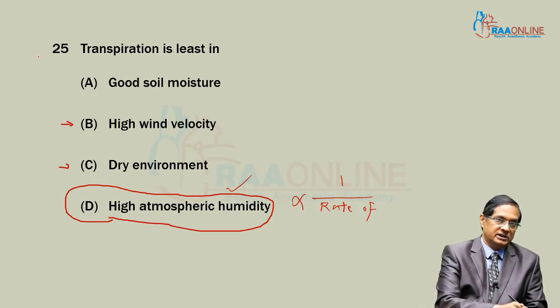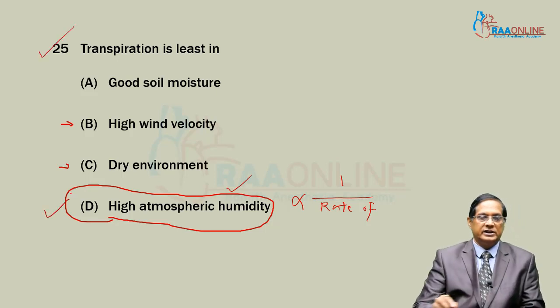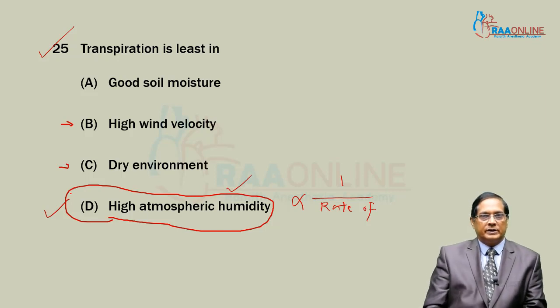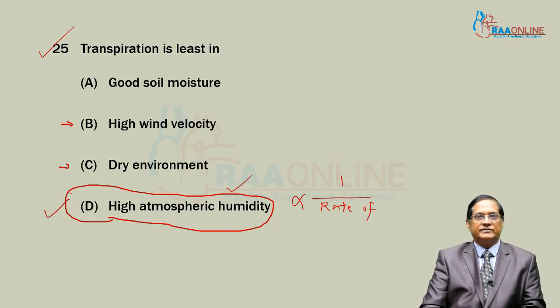So transpiration is least in which condition? That is high atmospheric humidity. We can say, if a plant from Rajasthan or a dry area is shifted into Mumbai, Delhi, Chennai or any coastal area, what will be the effect on transpiration of that plant?